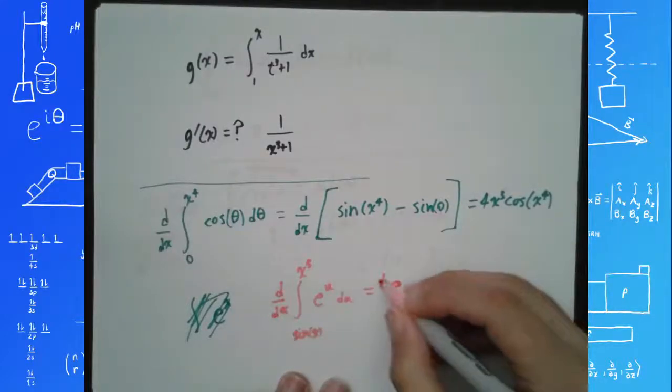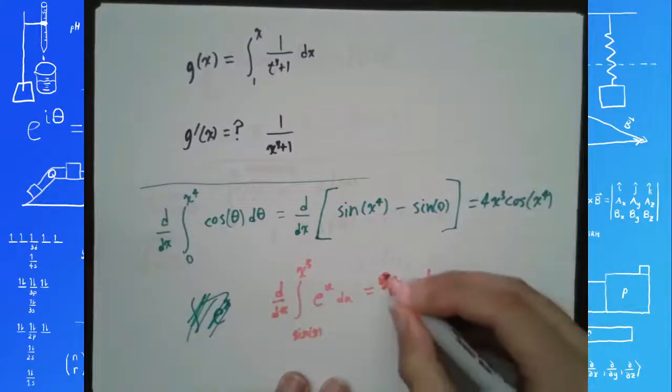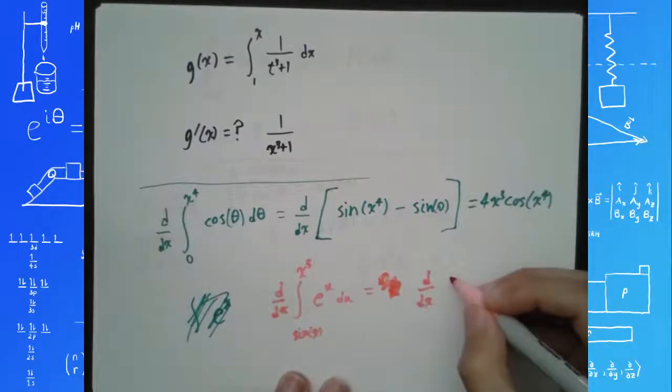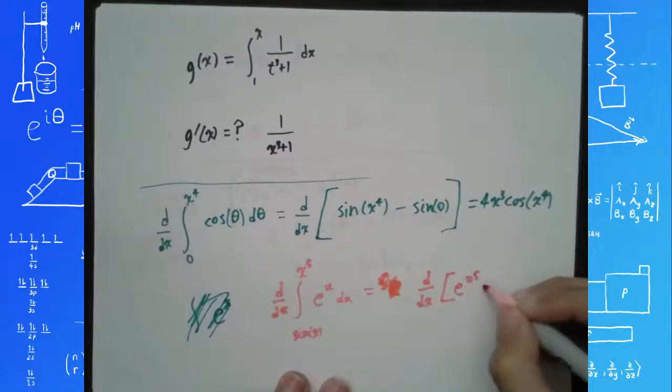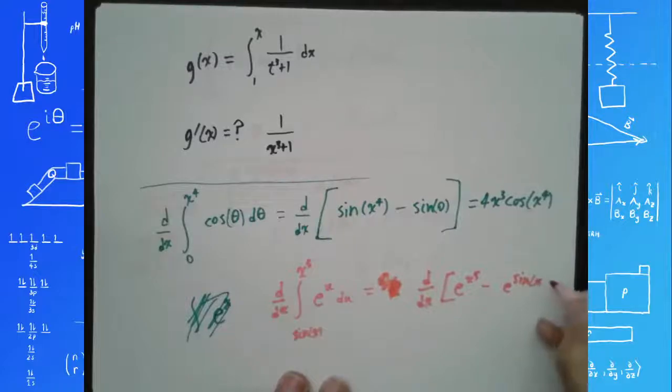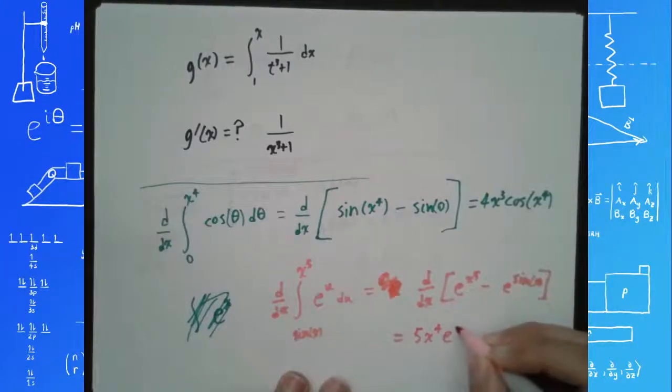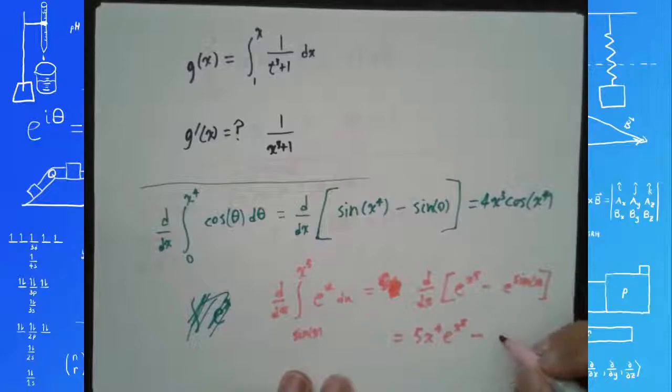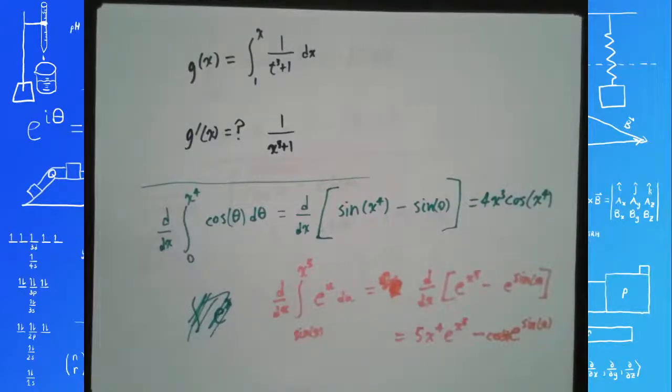So the derivative of e to the x to the 5th minus e to the sine of x gives us, of course, e to the x to the 5 times, by the chain rule, 5x to the 4, so that's 5x to the 4th e to the x to the 5th, minus e to the sine of x times the derivative of sine of x, which is cosine of x. And there we go.